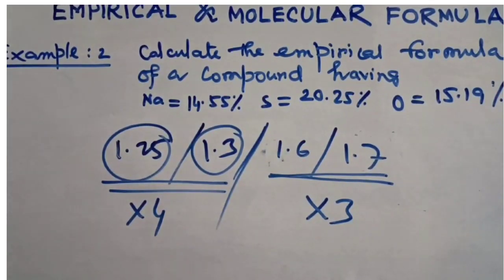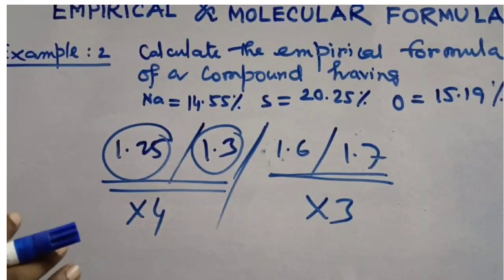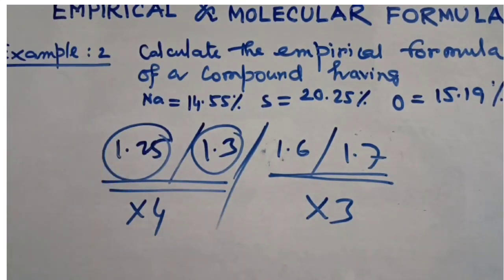Students, such type of problem if it arises, then you have to memorize. To get the nearest whole number you have to multiply by 4, 3, etc. with that type of fraction.